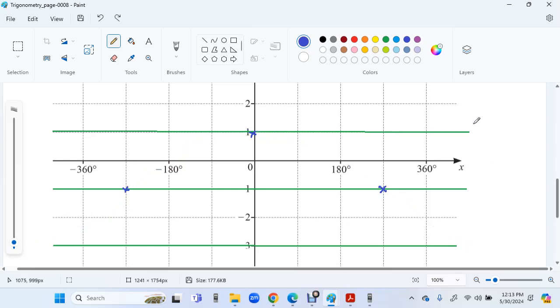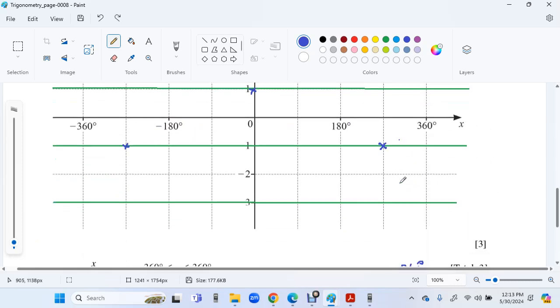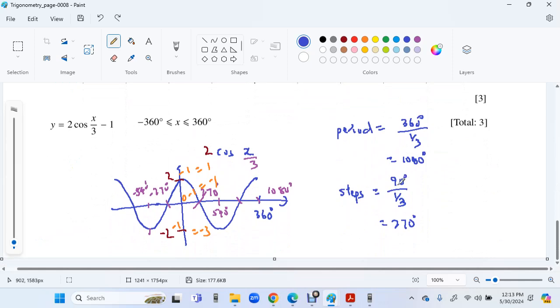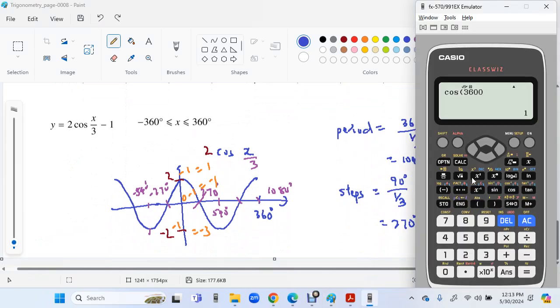So actually we can also do it this way using the calculator. So you check we have the 2 cos x over 3. So let's say I put in 270 over 3 and then minus 1.